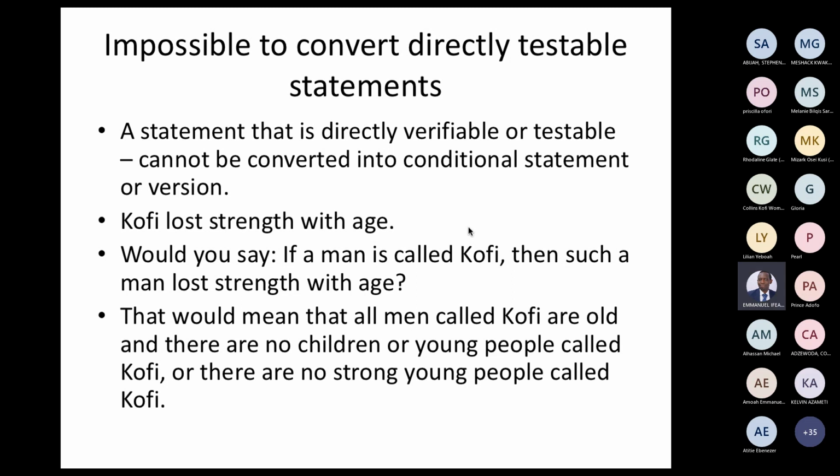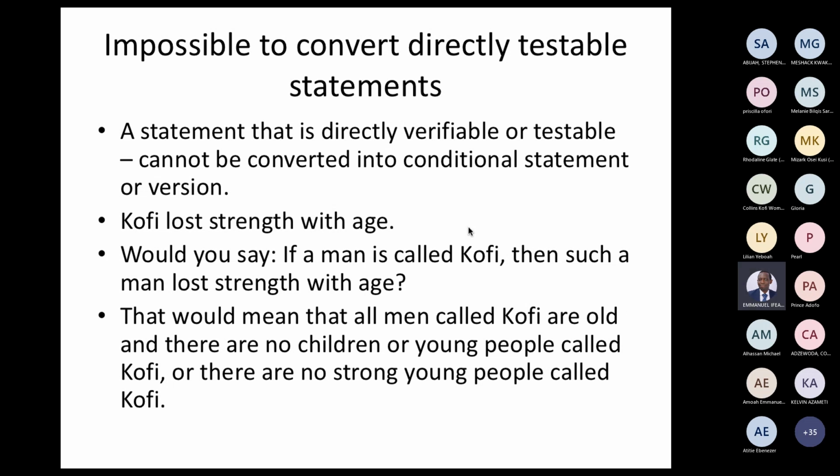Now let's look at the following. A statement that is directly testable or verifiable can't be converted into a conditional statement or version. Now, Kofi lost strength with age. Would you say if a man is called Kofi, then such a man lost strength with age? That's not an appropriate conditional.